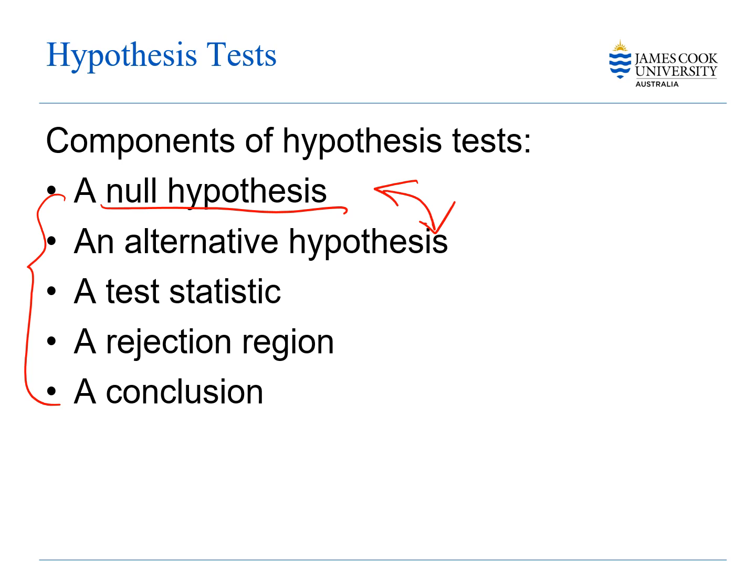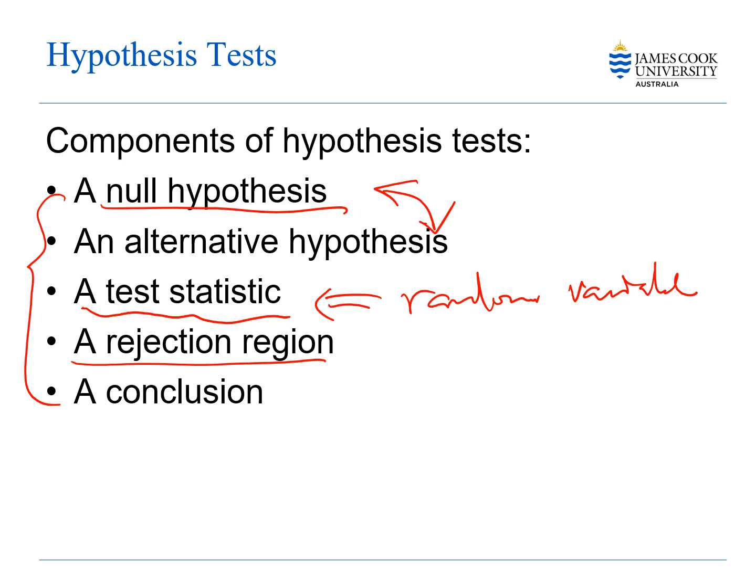Given this null hypothesis, we then develop what is called a test statistic, which is a function of data and is a random variable. We choose an alpha level of significance, then decide a rejection region. So we are setting up rules for making the decisions. Then we reach a conclusion. That's the 5 elements we typically have in hypothesis testing.